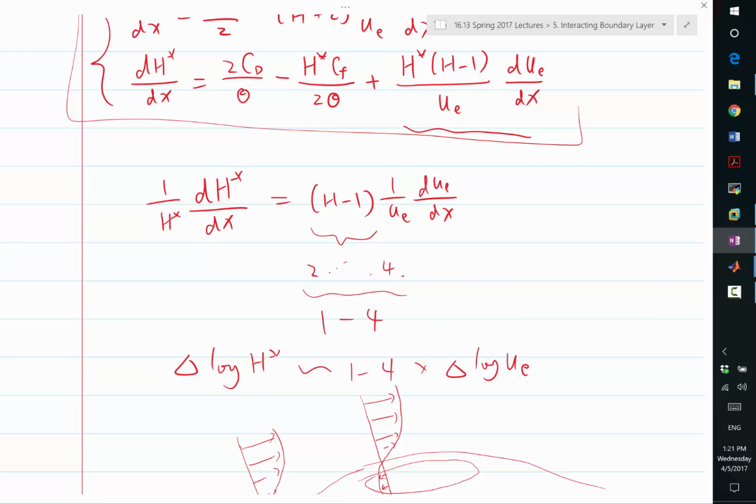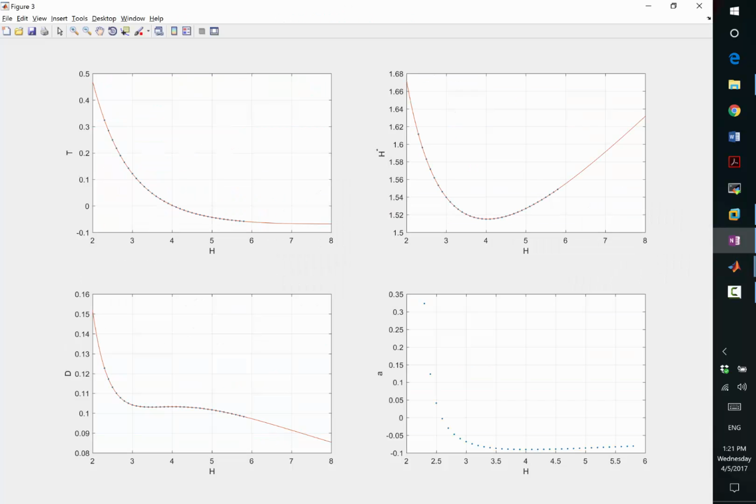Does H become less than 1? Actually, no, because this region is the separated region. For separated flow, H is typically a lot larger than non-separated flow.